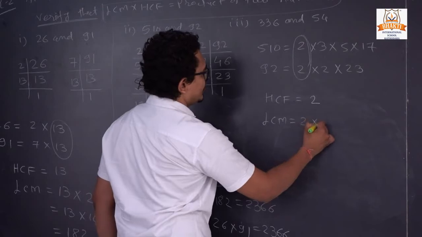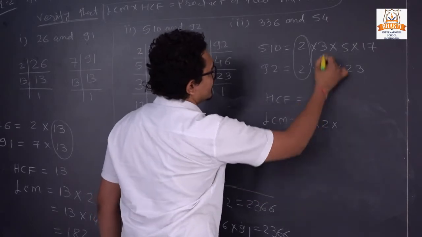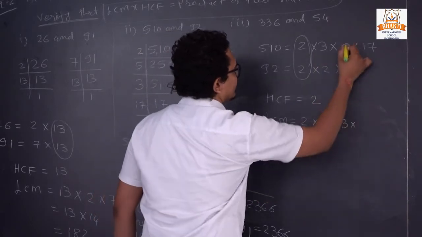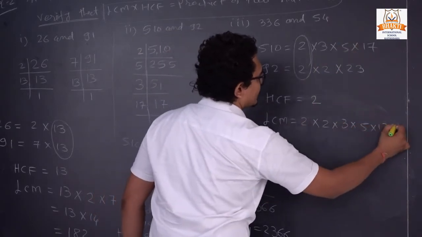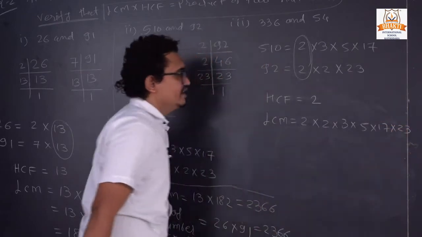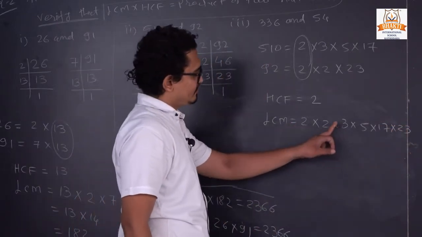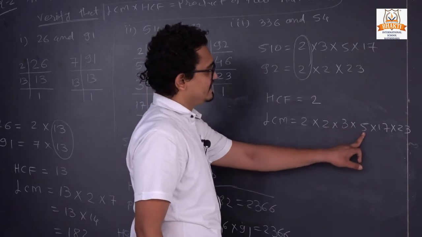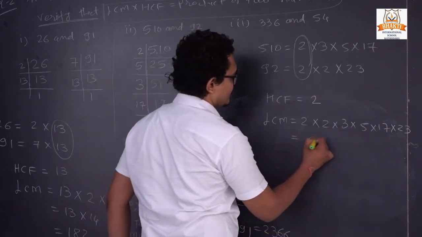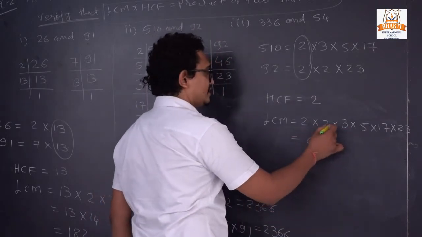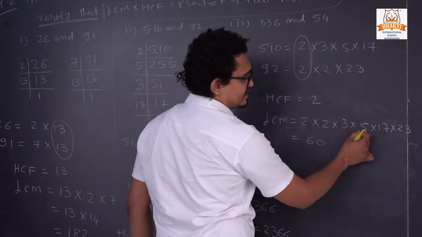So 2 into 2, then 3, then 5, all the remaining terms. So it will be its LCM. So 2 2s are 4, 4 3s are 12, 12 5s are 60.